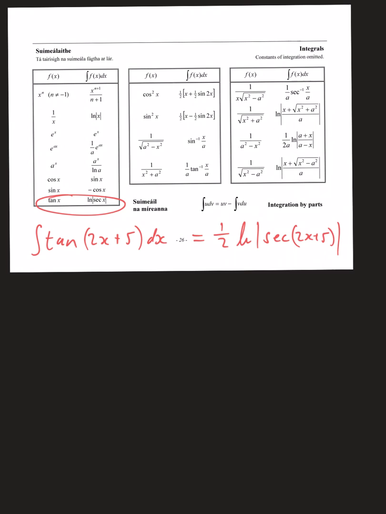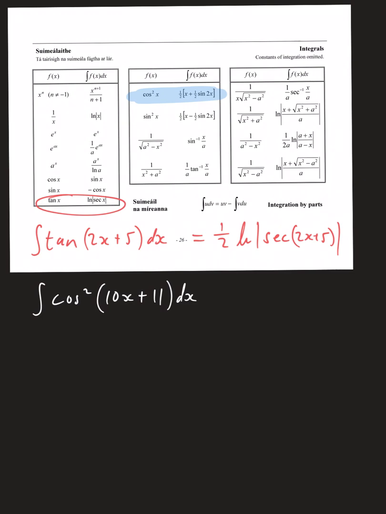Let's say I want the integral of cosine squared of 10x plus 11. If I look at my table, I have a formula there for cosine squared of x. So all I have to do is put in 10x plus 11 everywhere x appears in that formula, and put a 1 over 10 at the beginning.